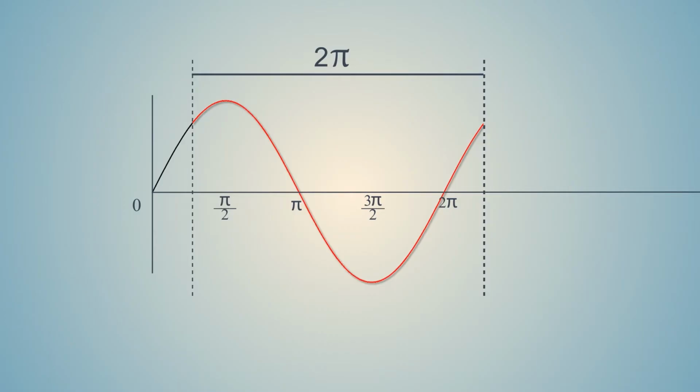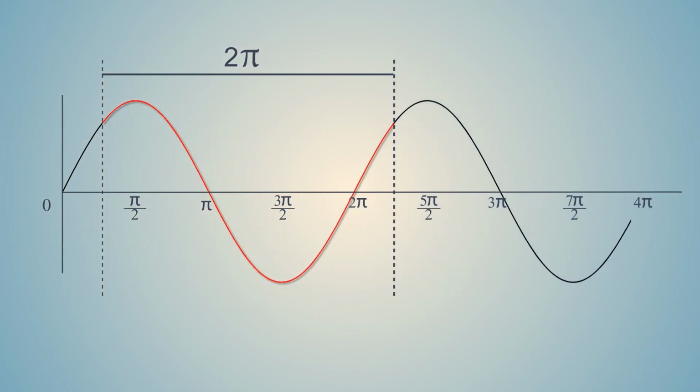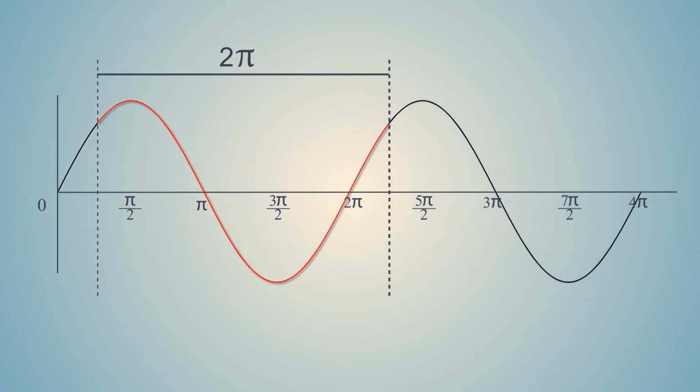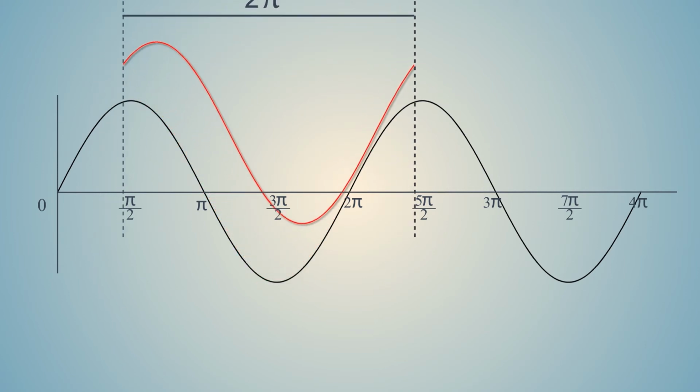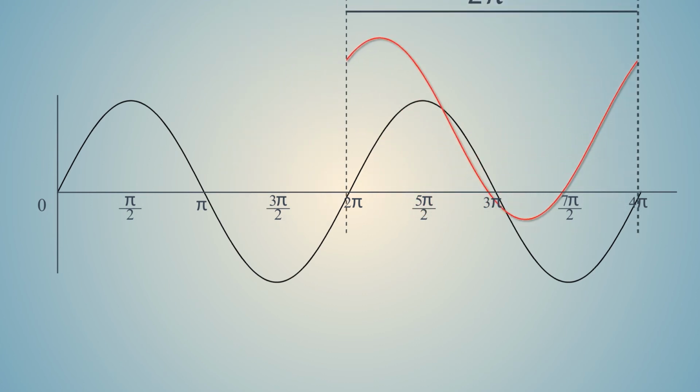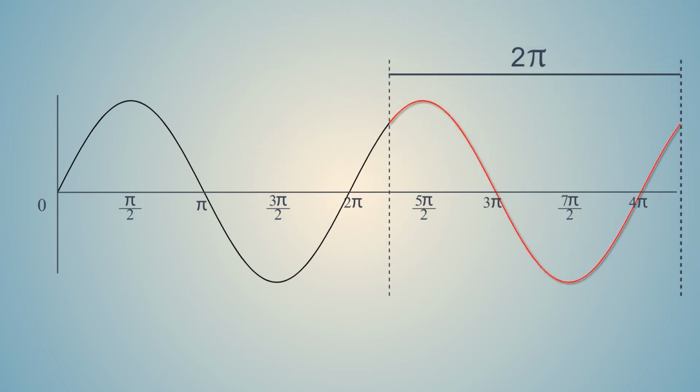Now let's try to find out another property from the graph of these trigonometric functions. If we glance over the graphs for a longer range of theta, say 0 to 4 pi, we find that all of them start repeating after a period. For instance, take example of sine theta. If we cut a range of 2 pi starting from any angle and keep pasting it one after another, we will get the whole graph.